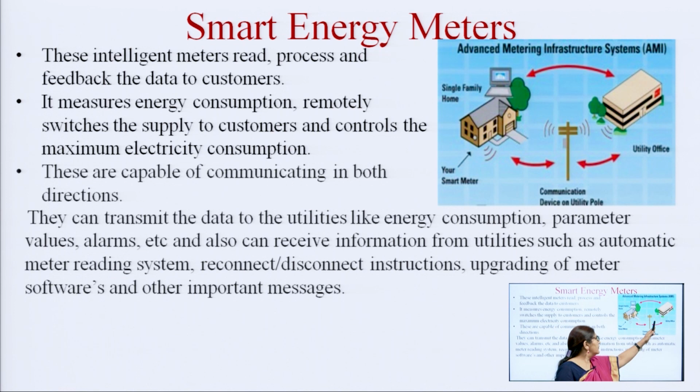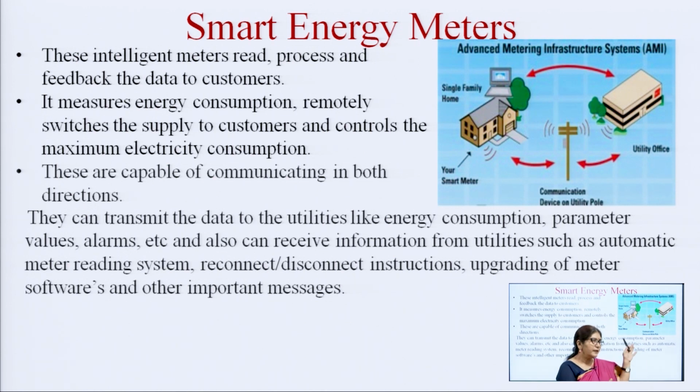The meter can communicate with the utility office, and if the consumer has not deposited the amount demanded by the utility office as per the meter reading, then the electricity can be cut by sitting at the utility office. They do not need to come to the house and then cut the supply voltage.